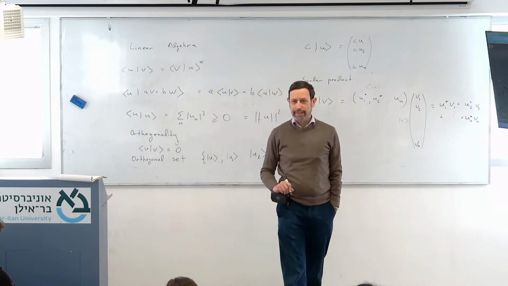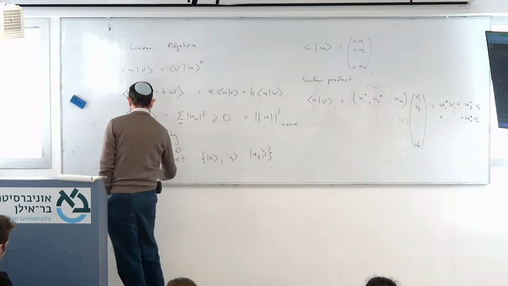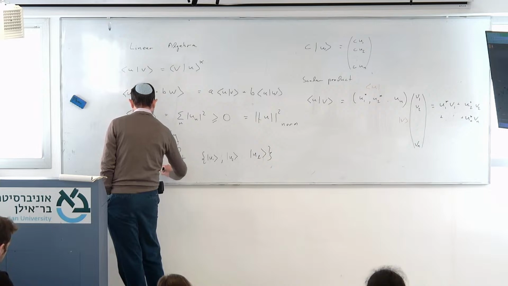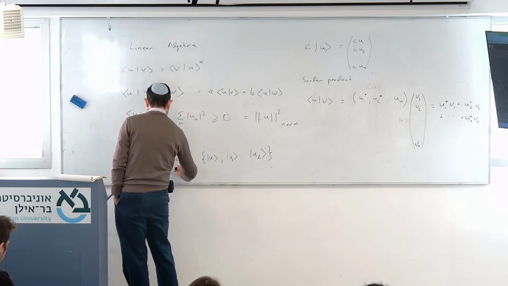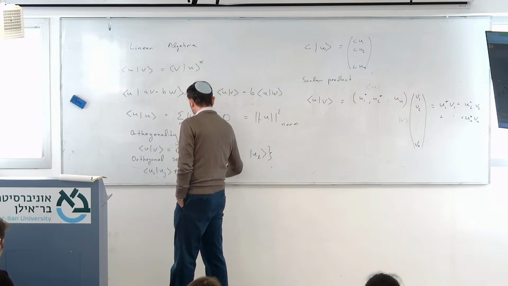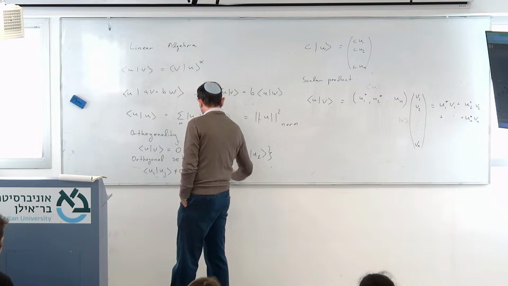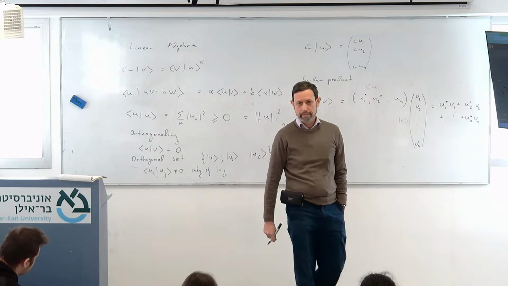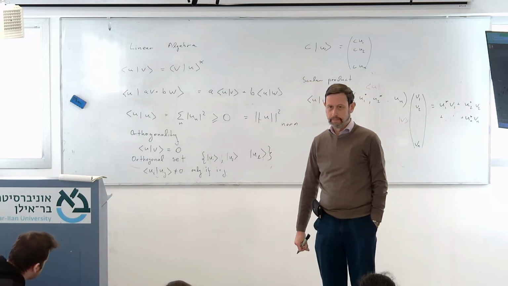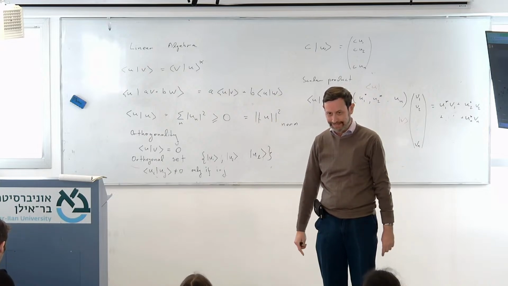The set is named an orthogonal set if any two vectors in the set are orthogonal between them.